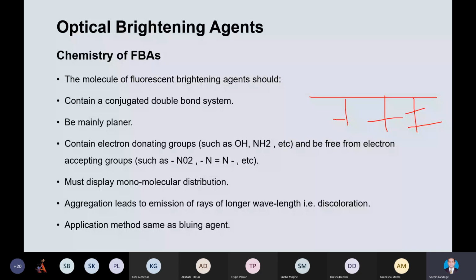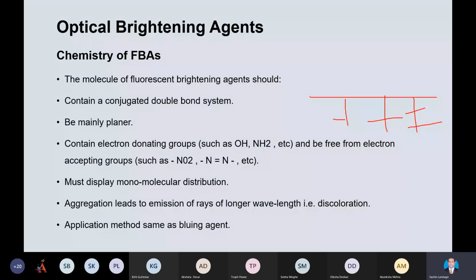Depending upon the fiber, we have to select the proper optical brightening agent and then apply it.